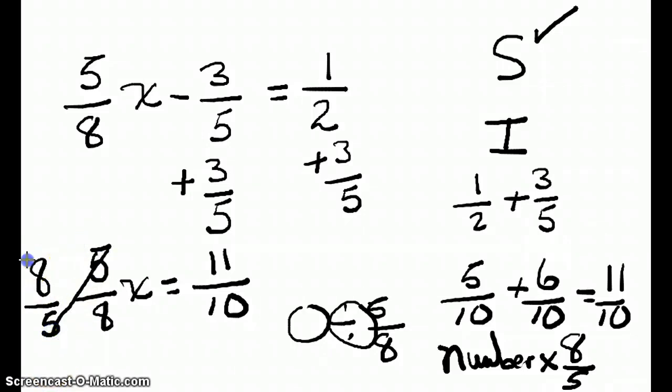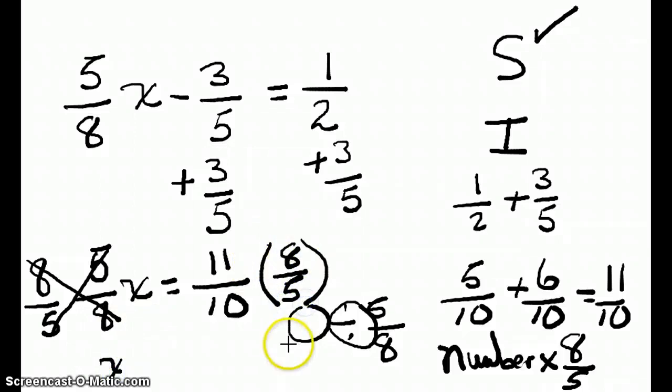Does that give me 1? Absolutely. And if I do it on one side, I have to do it on the other side. Okay? And unfortunately, we get a nasty fraction of 88/50. Okay? We do the check step.